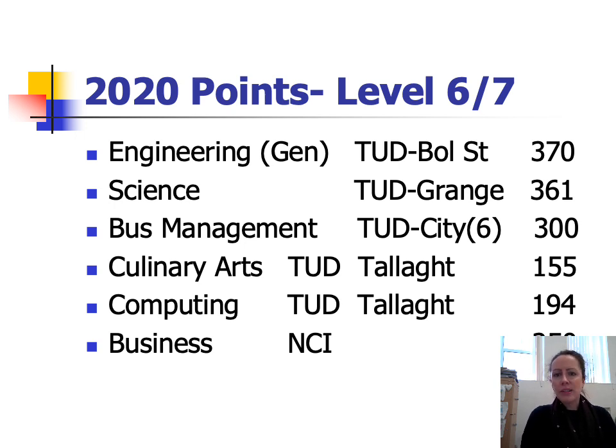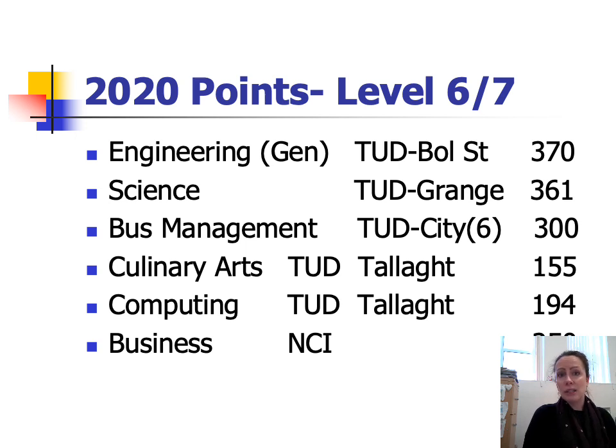So here's a selection of the level 6-7 points. It's very important that students fill out the level 6-7 as well as the level 8. For many courses, they really did jump this year, for example, in science and engineering. And for some students, if they had the course on their level 6-7, they can progress into the level 8.